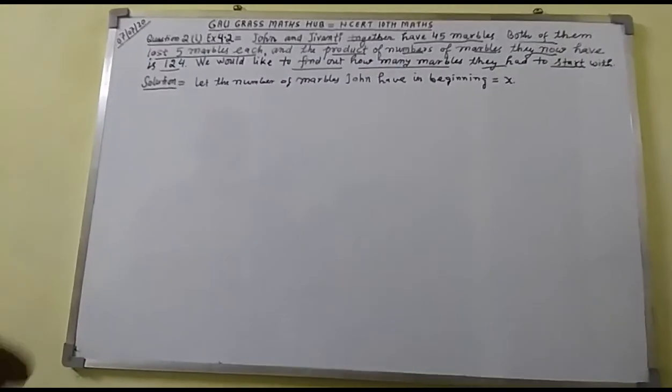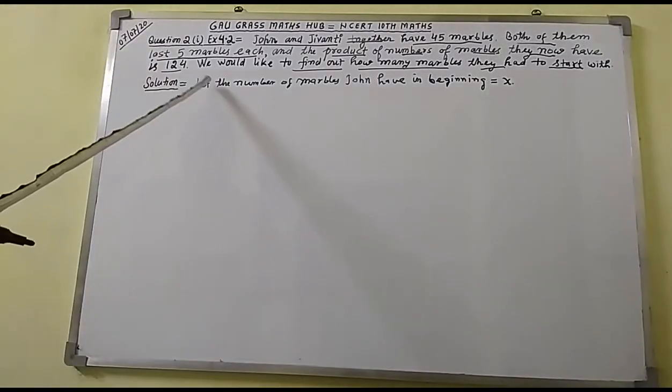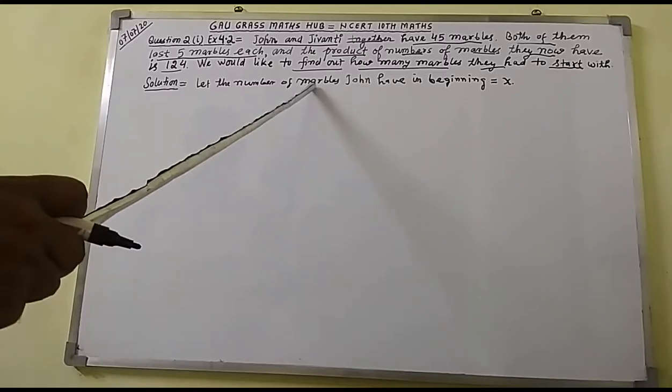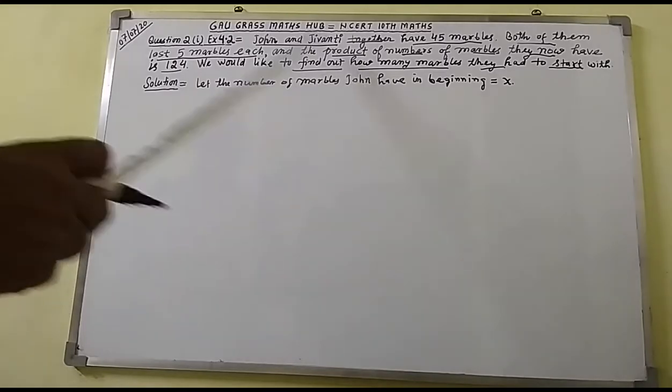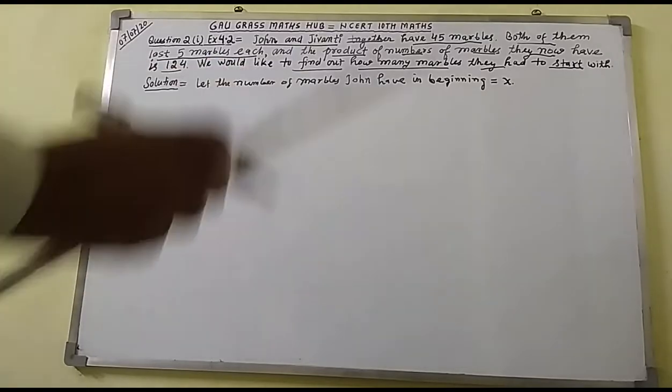Here I have let the number of marbles John had in the beginning equal x.